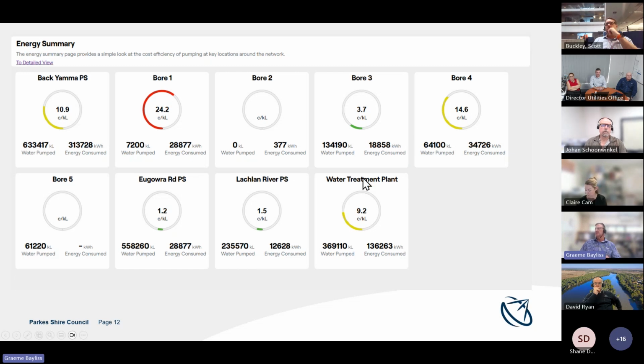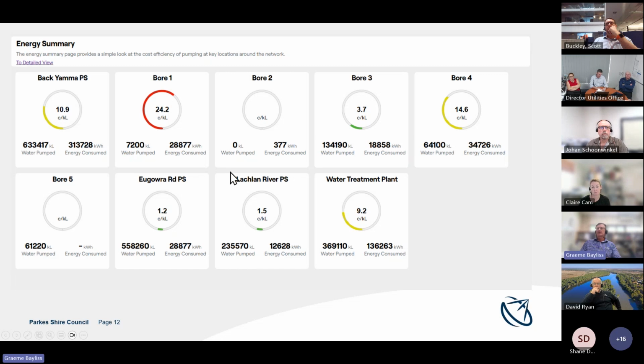This one especially is quite interesting, to see how much it's costing us per bore, and that may influence which bore you will preference in the future, just based on how much it's actually costing you to get the water out of the ground. But once again, some of this data you need to constantly review, and we've found a couple of anomalies in some of the data, so it's a constant process to refine to make sure that your data is accurate.